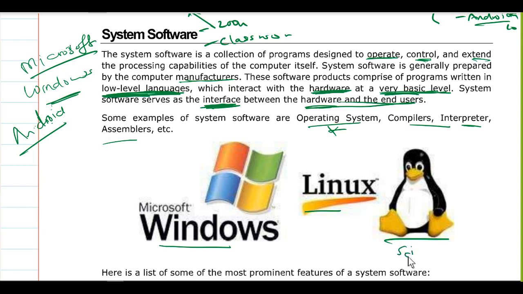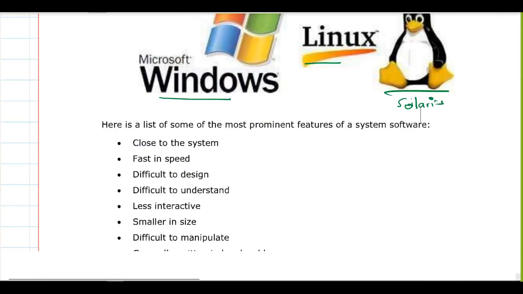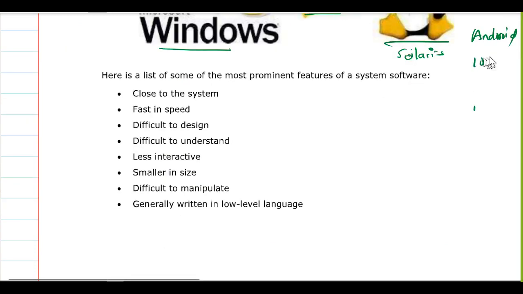It's another kind of software that is not very common, called the Solaris operating system. And of course, Mac OS is also there. Android is now very common, and iOS is the one that runs in iPhones. All those are operating systems that are considered to be system software.